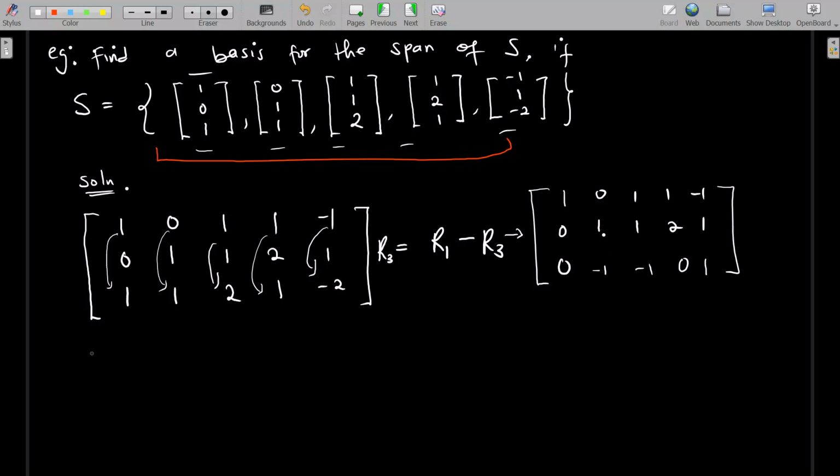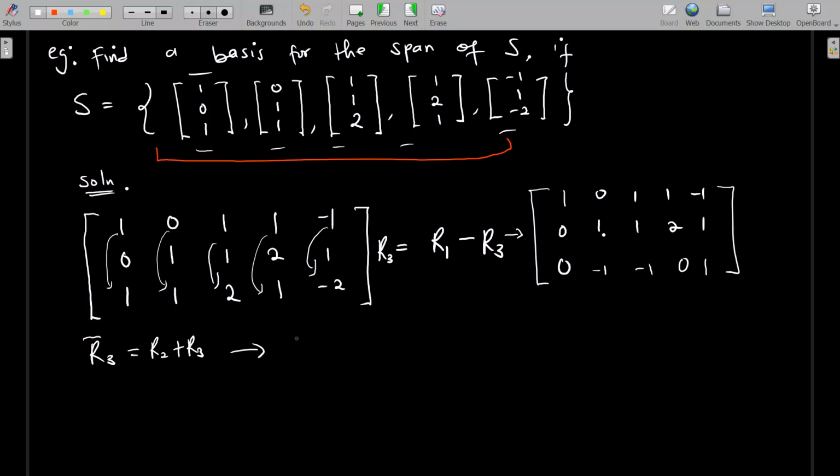So I'm going to have row 3. Now the same thing, we are working on that row 3 should transform to row 2 plus row 3. So what this means is that our new row 3 that we need should be the original row 2 plus the original row 3.